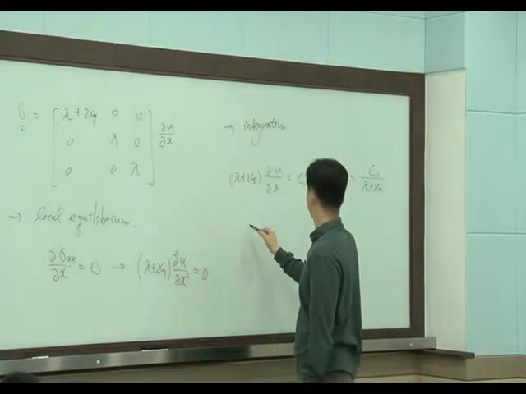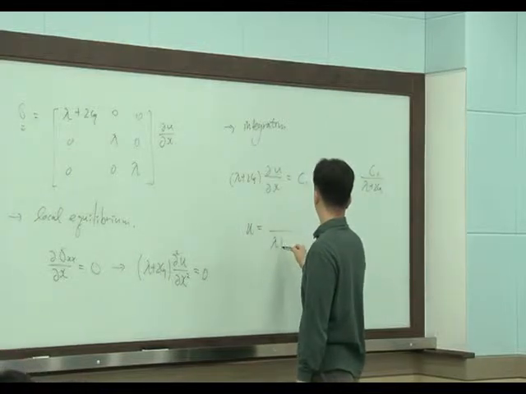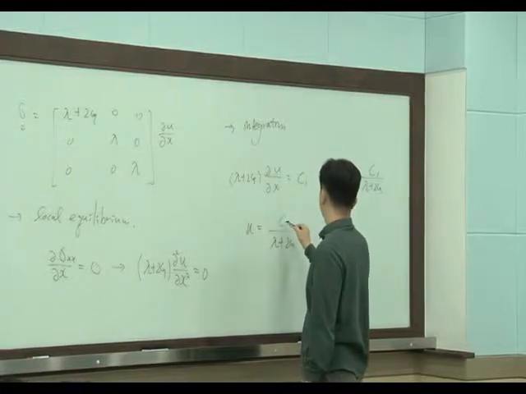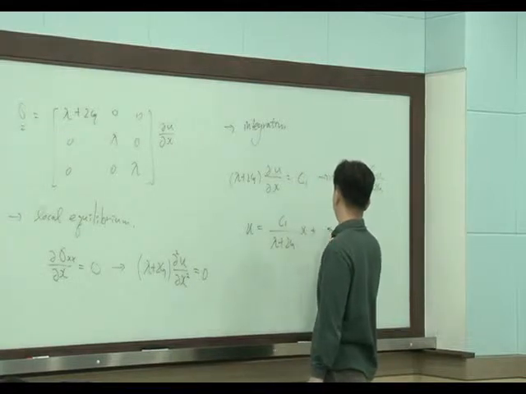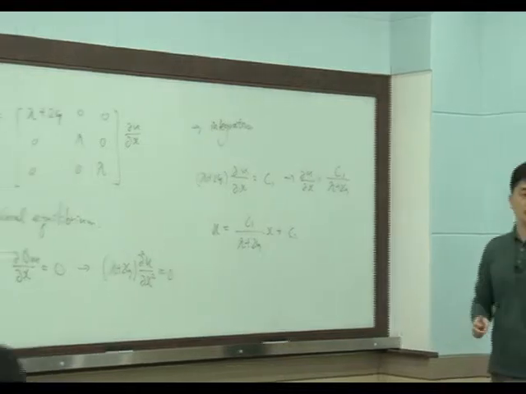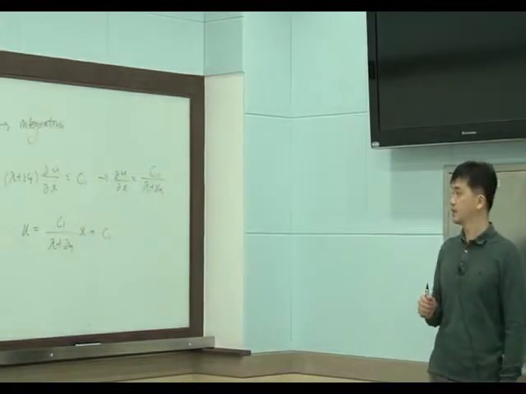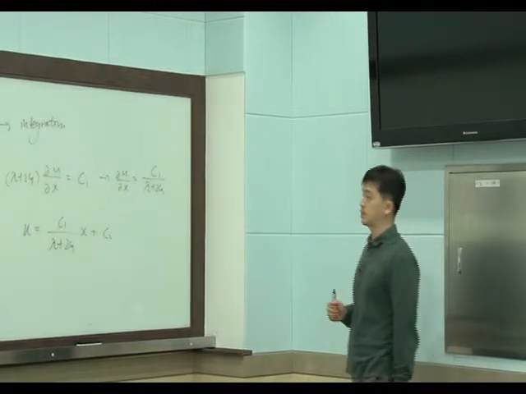Let's integrate one more time. u equals c1 x plus c2, divided by lambda plus 2 mu. At this stage, we need to find the integration constants c1 and c2.